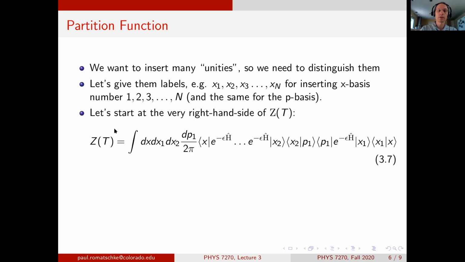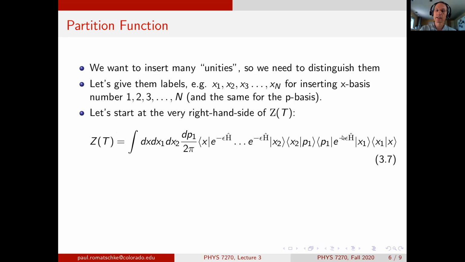Having our expression for the partition function written as the integral over dx of ⟨x|e^(-εĤ)...|x⟩, we insert on the right-hand side x1, the position basis 1. So we have |x1⟩⟨x1| here, and we have an integral over x1 for the first position basis.